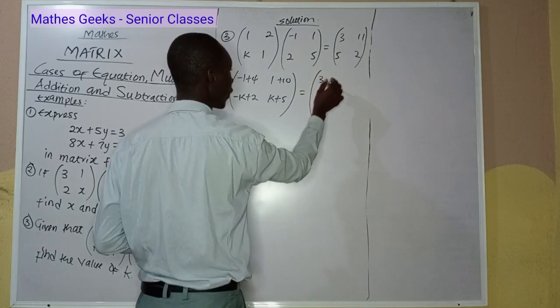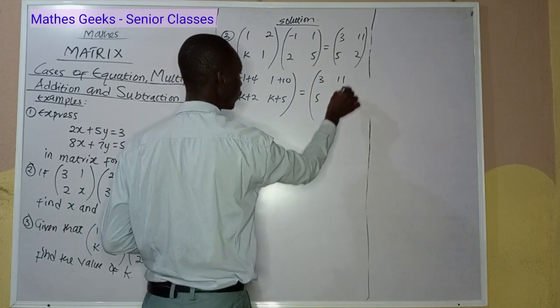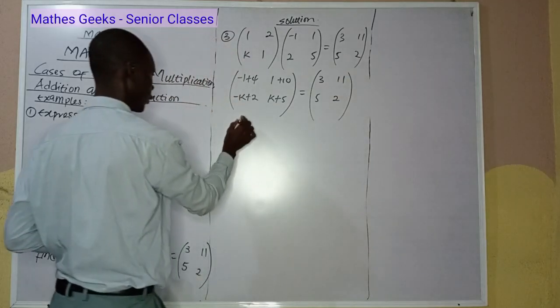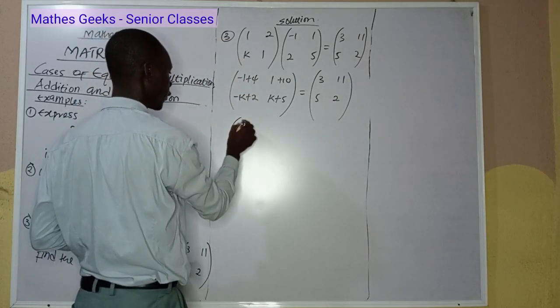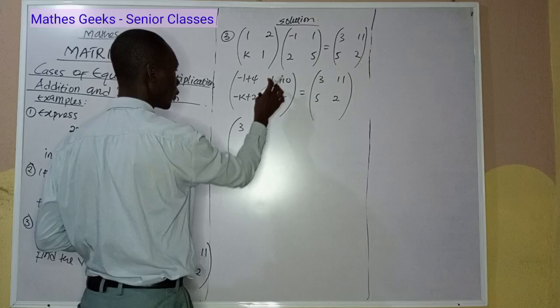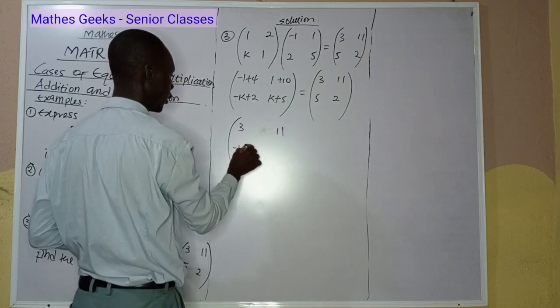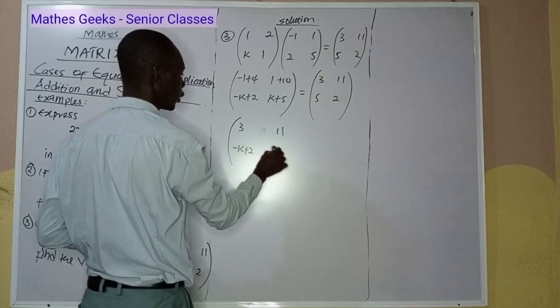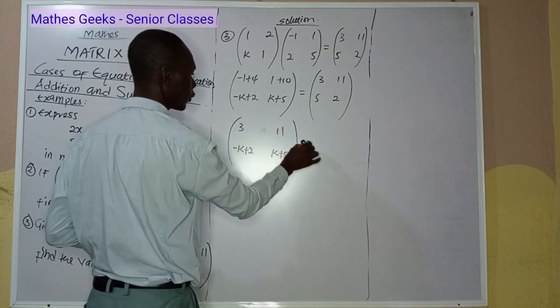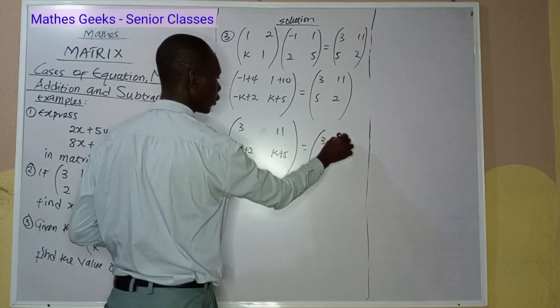So we have -1 plus 4 gives us 3, plus 1 plus 10, 11, minus k plus 2, k plus 5 equals 3, 11.